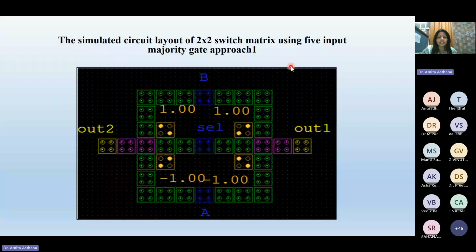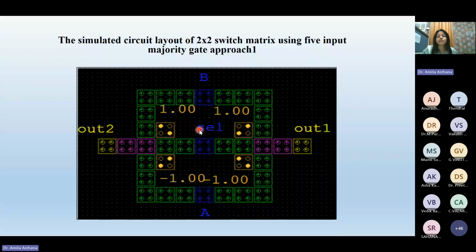If we look at this, there is -1 and 1 polarity, out 1, B and A, and 1 select line. That means we have 2 inputs and 2 outputs, but we are using a 5-input majority gate in the circuit. The idea is the same as the 3-input majority gate, but it employs 2 more inputs.